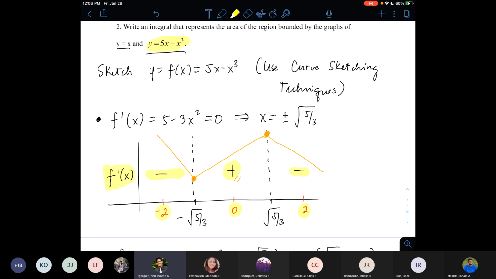It's nothing like y equals x cubed. And remember, I need to have a good idea of how the graph looks like. So that compelled me to use techniques from curve sketching you learned in Calculus 1 in order to sketch the graph so that I will have a good picture of how this function behaves over the real number line. I guess I solved the first part with you guys, compute for f prime.